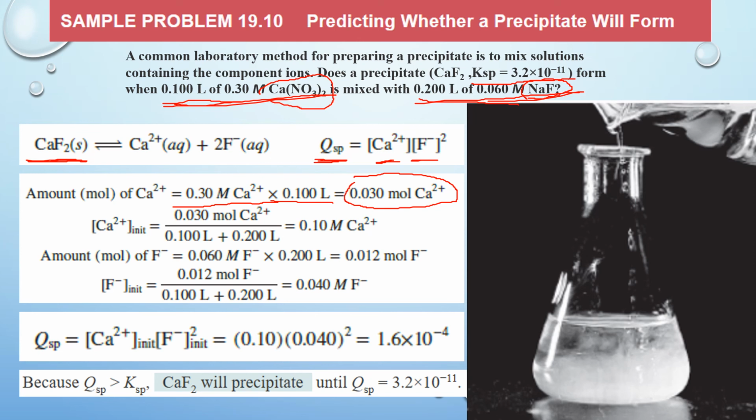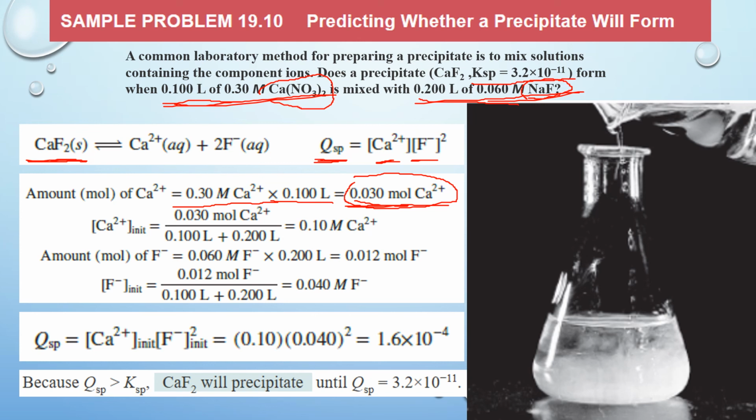The answer is no, because the concentration changes when you mix it with the sodium fluoride solution, because of dilution. The volume is no longer the same. You have the same number of moles of calcium, but the volume changes. You have 0.1 liter of calcium solution, but you also mixed it with 0.2 liter of the other solution, which doesn't contain calcium. So the calcium is actually being diluted when you mix them.